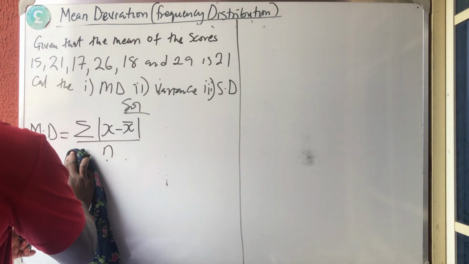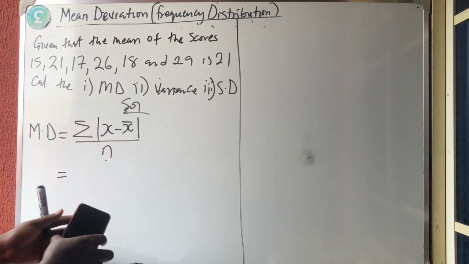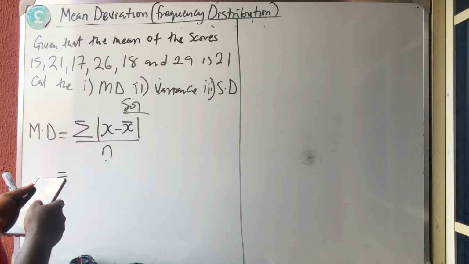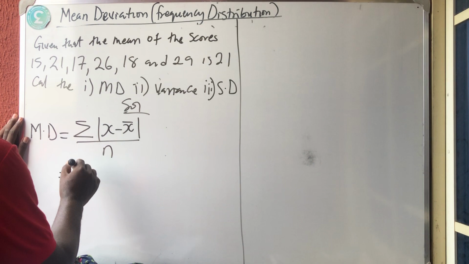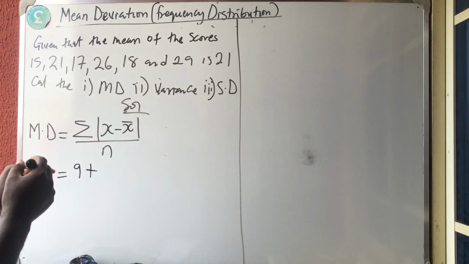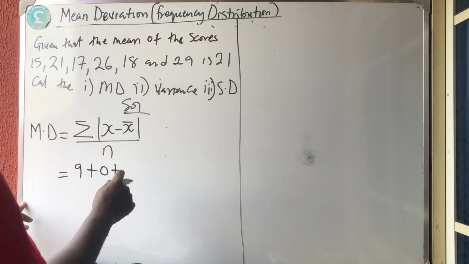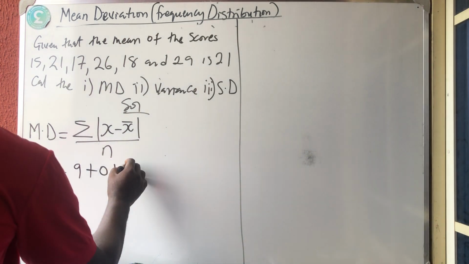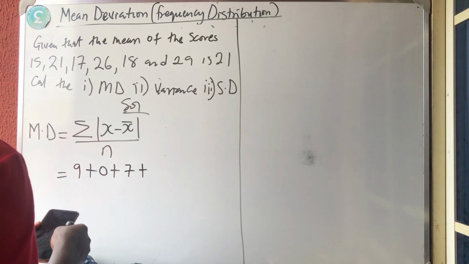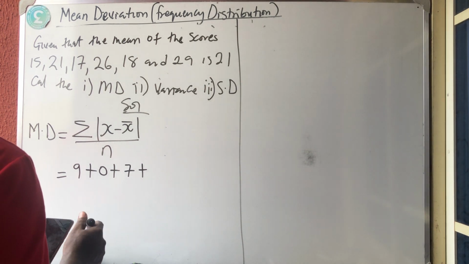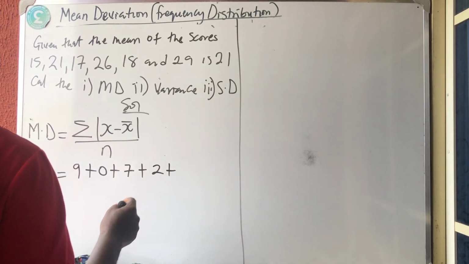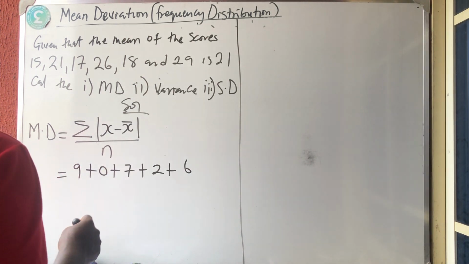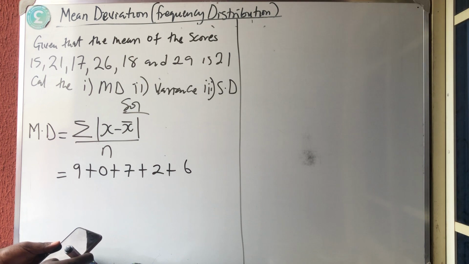I don't want to start writing this thing, so let me just do it straight. 15 minus 21, I'm having minus 9, but I'm taking the absolute value. 21 minus 21, 0, plus 17 minus 21, 26 minus 21, 18 minus 21, and the last one, 29 minus 21.